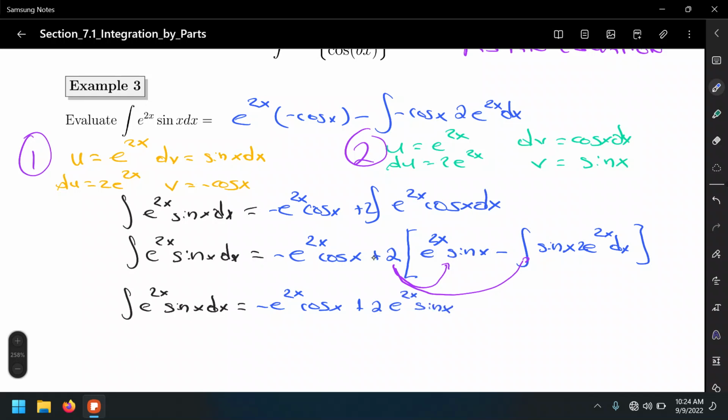In this case, a positive times a negative is negative, and when we distribute these 2, notice these 2 will get multiplied with these 2 that came from the setup of the integration by parts. That's going to become a 4 times the integral of e^(2x) sin x.